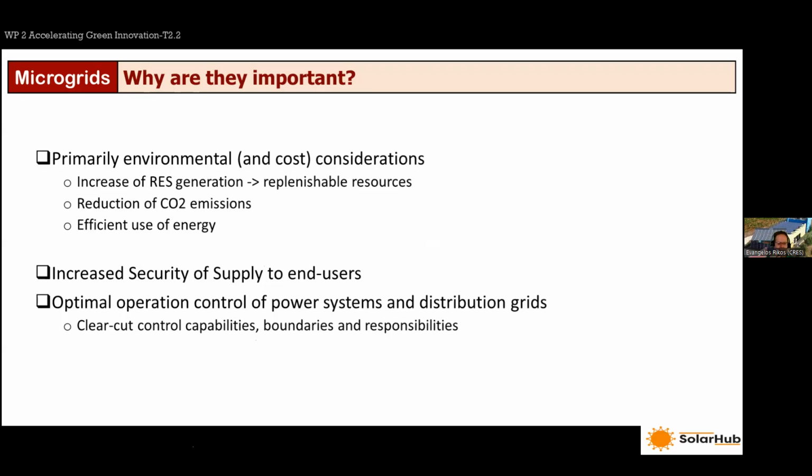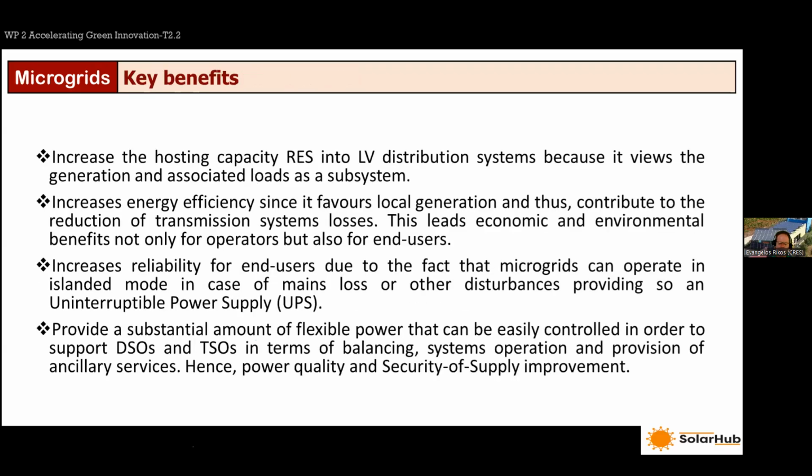And they can also operate optimally based on the control systems they implement, as they have very specific, clear-cut control capabilities, boundaries, and responsibilities. I'll give you an overview of the very basic control levels, layers, if you will, that a microgrid is made of later on.